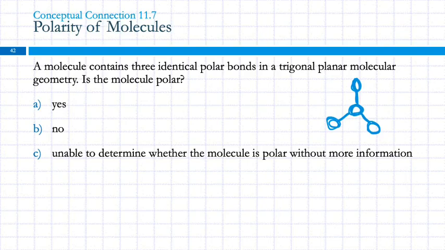So let's just imagine that the more electronegative element's on the outside, and so the vectors would be pointing along this way. So there's one vector, one dipole moment. See how the dipole moments are all pulling out from the central atom? The bonds are identical, meaning the length of these vectors is the same, and they're pulling in 3 equally spaced out directions.